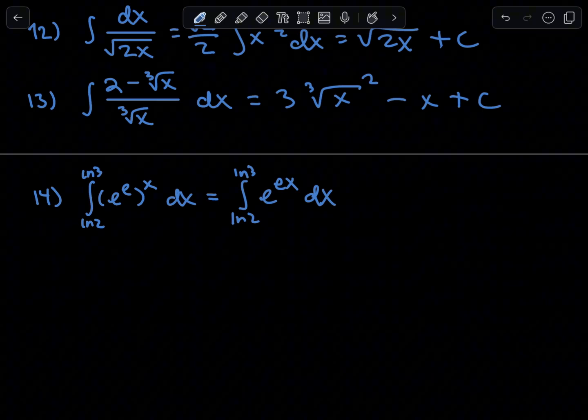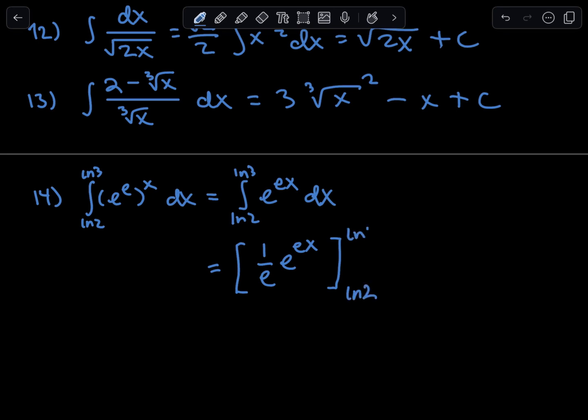Okay, and we already had an integrand of this form, except instead of an e over here, we had 5, and then we had to multiply by 1 over 5, remember? So now let's multiply by 1 over e, and then we still have e to the power of ex as the antiderivative, and we have to evaluate this between ln of 2 and ln of 3.